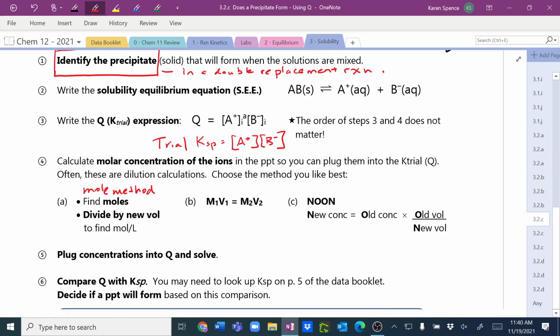I personally like it because to me it makes proportional sense. If I quadruple the volume, my fraction here would end up being a quarter. If I double the volume, my fraction here ends up being a half. So if I quadruple the volume, I now have a quarter of the concentration that I did before.